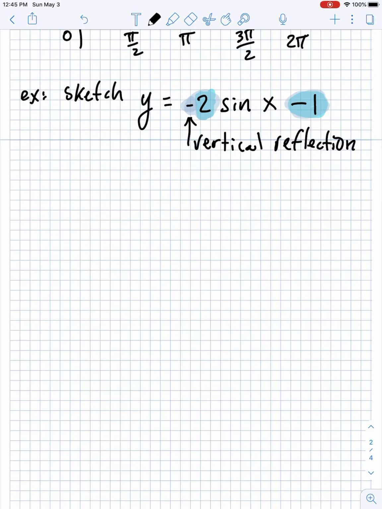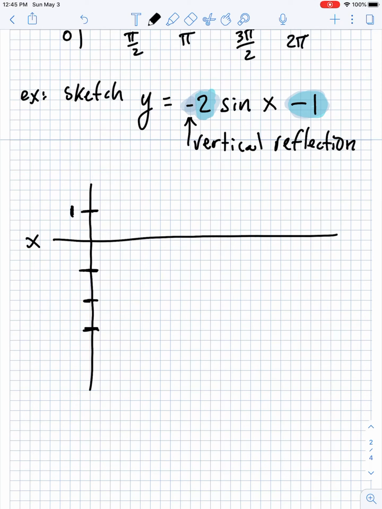So if I go to sketch my axes, here's my x-axis. Oh, and we're going to just do 0 to 2 pi on this one, even though I didn't put it in the directions. It's going to make it all the way up to +1. I know that. Its center line is going to be at -1. But then it's going to go down 2 to -3.